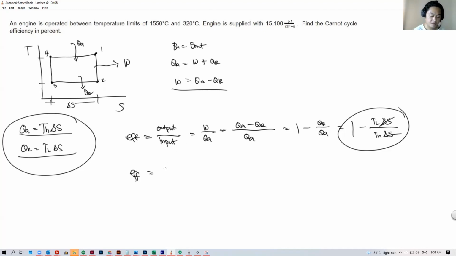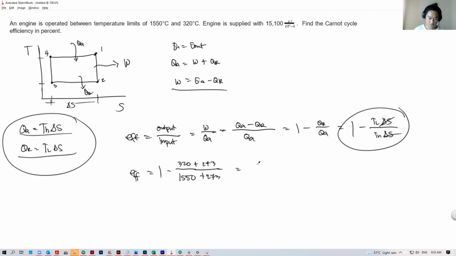So our efficiency is going to become 1 minus TL, the lower temperature, 320 over 1,550. Take note that if you're going to use this formula, make sure that your temperatures are absolute. So this is 320 plus 273 to make this absolute, and we basically have our answer.